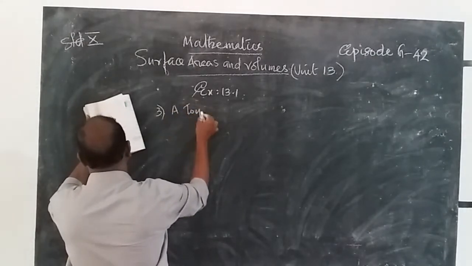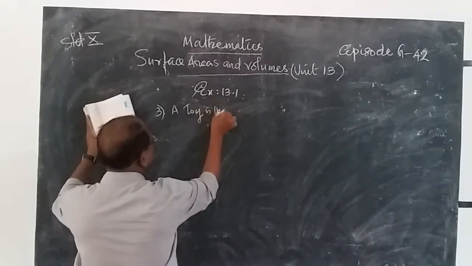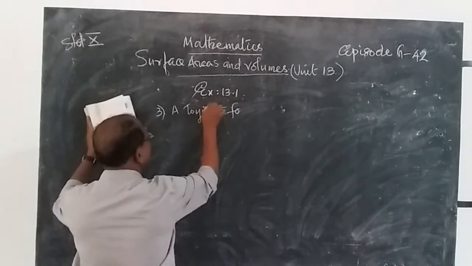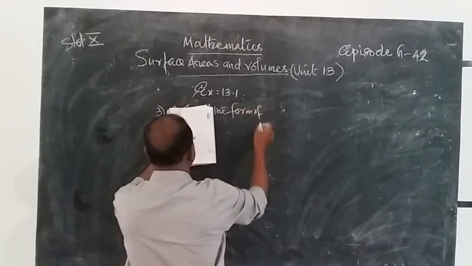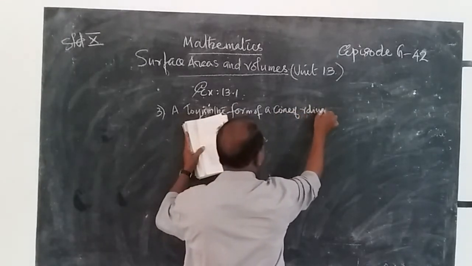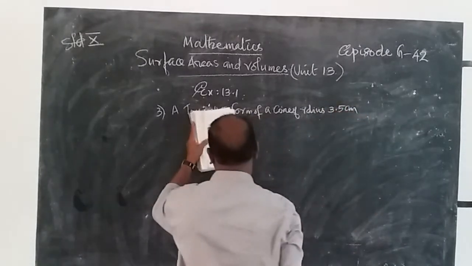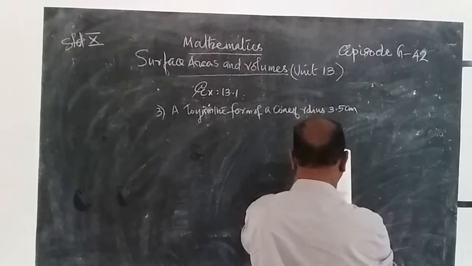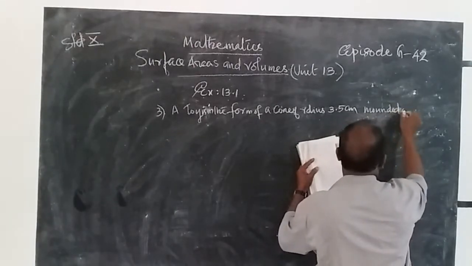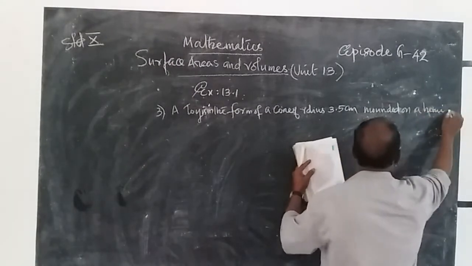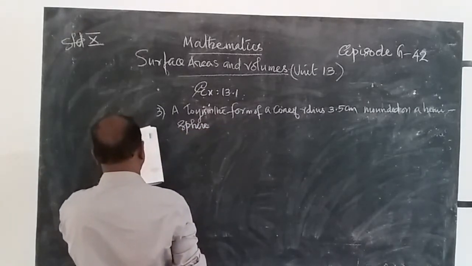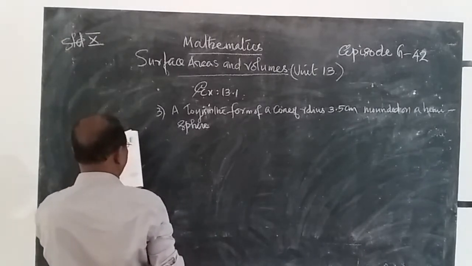A toy is in the form of a cone of radius 3.5 centimeter mounted on a hemisphere of the same radius.